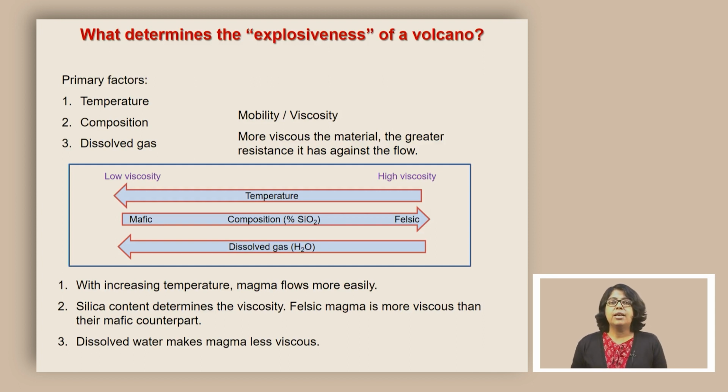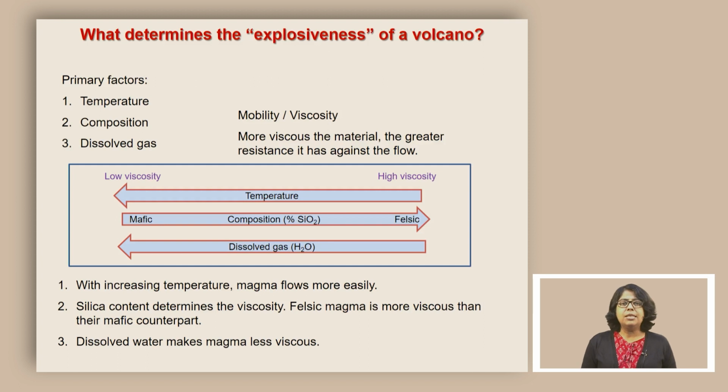A material which has low viscosity will have higher mobility. So, if we take a very common example, water and honey, both of them are liquid, but if we let them flow, we will see that water moves faster and very smoothly, and that means water has low viscosity, whereas honey, which puts up a lot of resistance to flow, is more viscous.